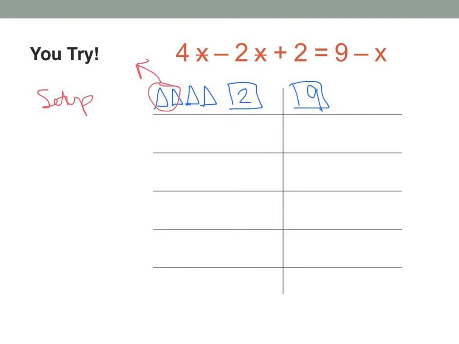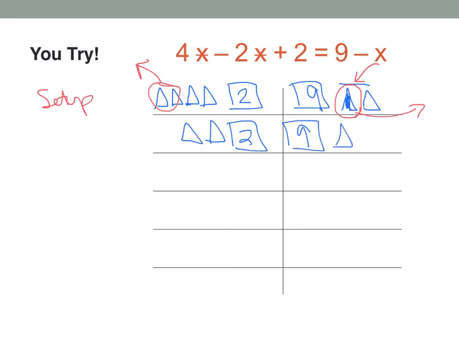So we're going to have to add in a 0 pair, and then we're going to need to take away that x as part of the setup. So what that gives us is 2 white pawns and a 2 on the left, and a 9 and a white pawn on the right.